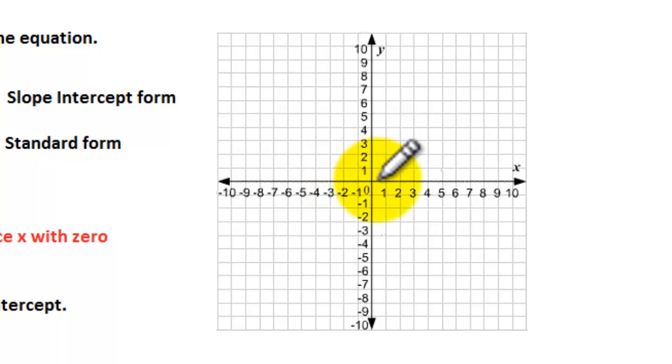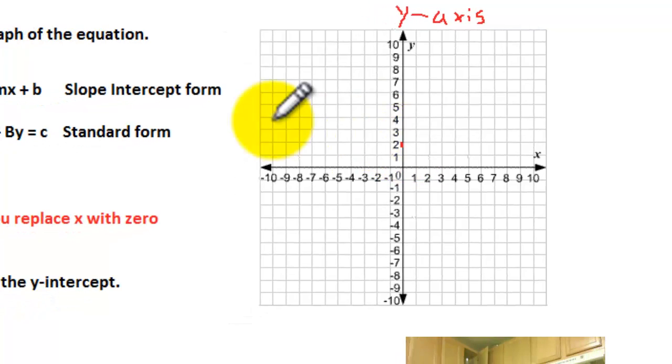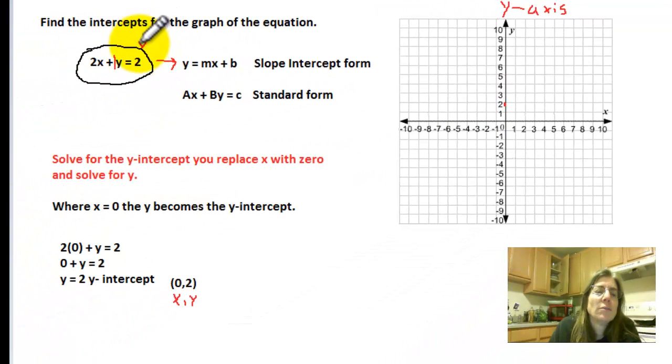So x is 0, and then y is 2. That point is right on the y-axis. But what that means is this point is not just a lonely point. It's a point that's a part of a line, and the line is defined by this equation.